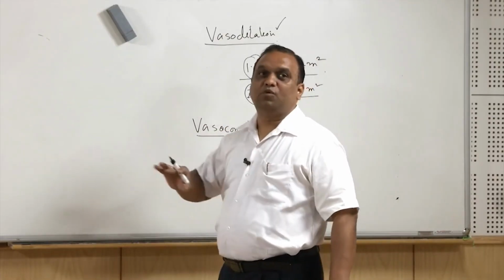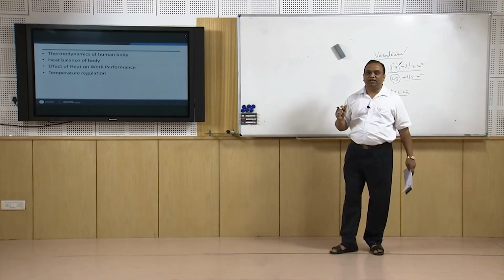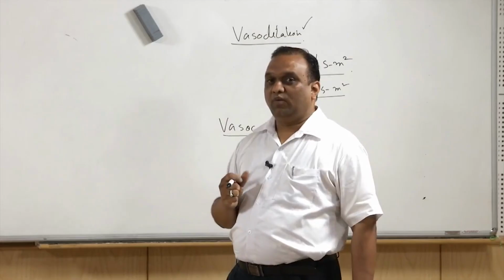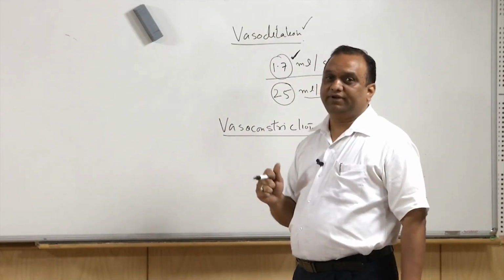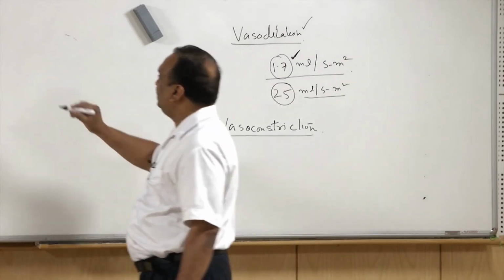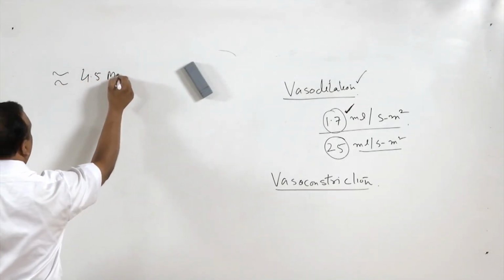After that, if more energy is required, then the muscles of the body start increasing tension. So, they become tense. When the muscles in the body become tense, they liberate energy, and that energy, to your surprise, is approximately 4.5 met.